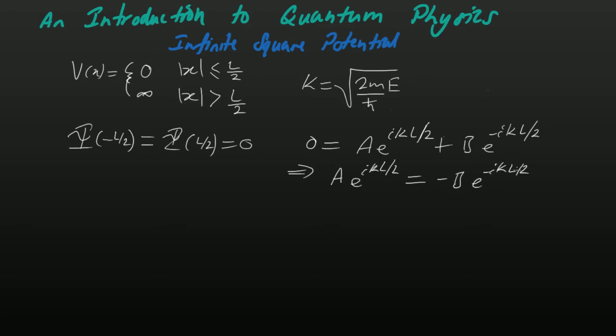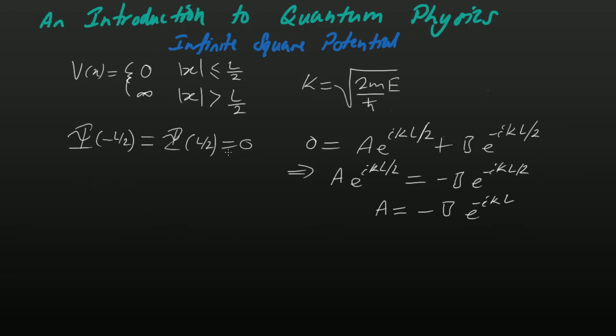And then we'll move the exponential to one side, so we get a equals negative b e, and that goes down to the bottom, so it becomes a negative on this side. That means times each other, you get negative ikL.